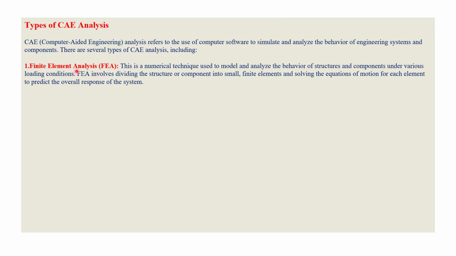This technique is used to model and analyze the behavior of structures under various loading conditions. It involves dividing the structure into small elements and solving for displacement, and you get the results in the form of displacement, factor of safety, and strain.